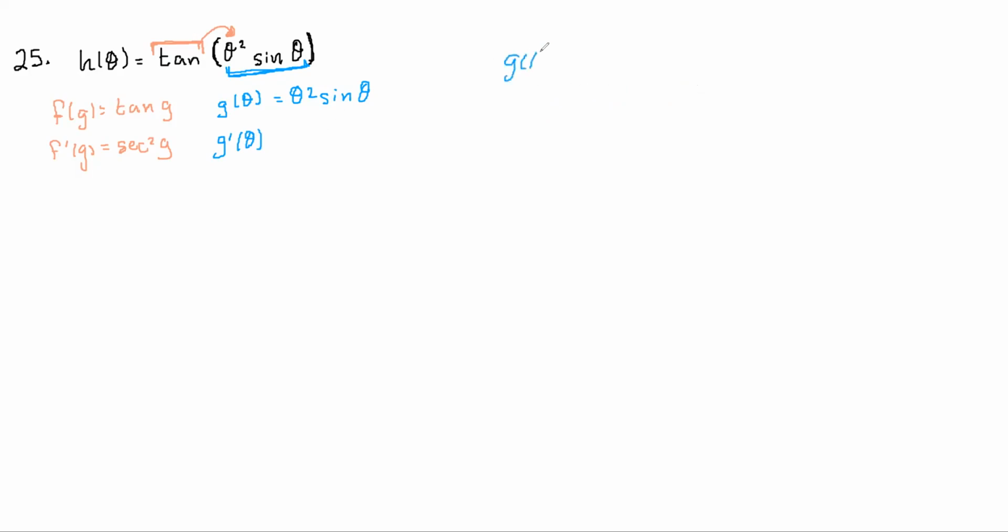So if I have g of theta is equal to theta squared sine theta, what I'm going to need to do is say I have j of theta is equal to theta squared. j prime is equal to 2 theta.